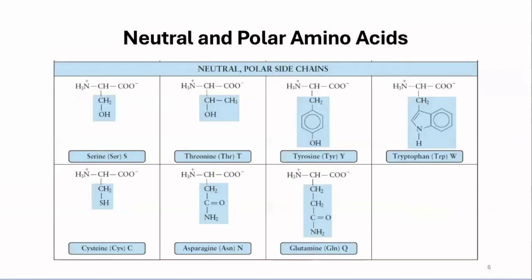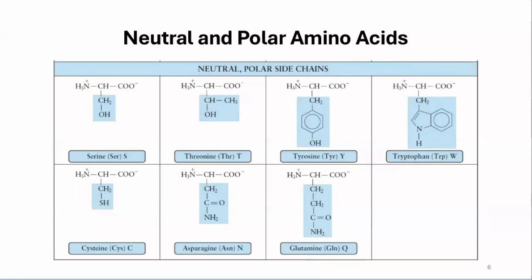The next group is the neutral polar amino acids. We can see here that the neutral polar amino acids include things that have an alcohol side chain. And we can observe that serine, threonine, and tyrosine contain OH groups.